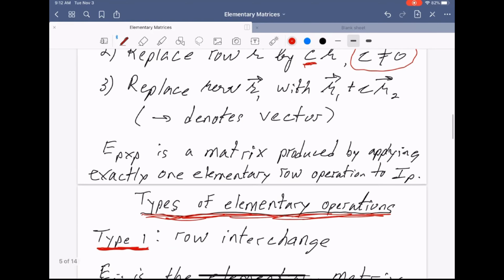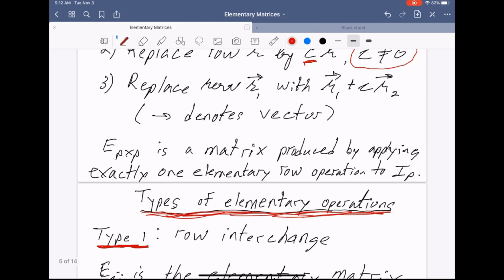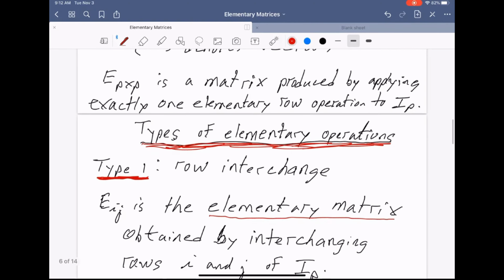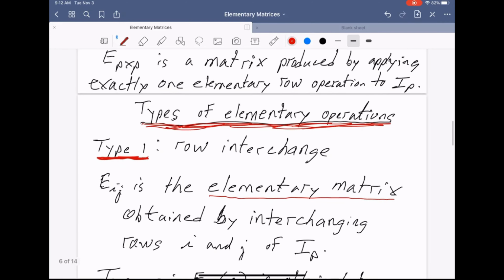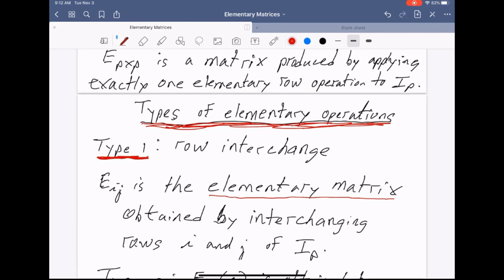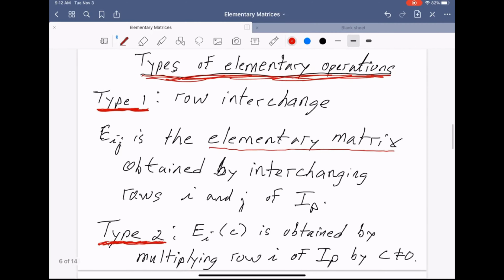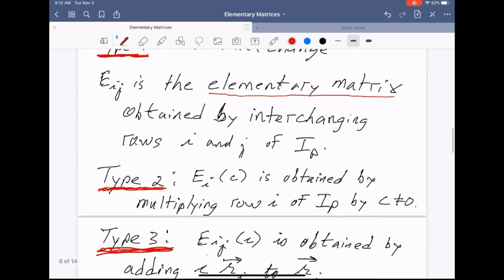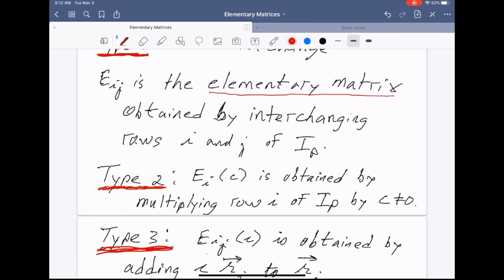So in other words, E P by P is a matrix produced by applying exactly one elementary row operation to that matrix IP. Okay, so we can think of these as a type of elementary operation. Just in reviewing, a type 1 is row interchange. So EIJ then is the elementary matrix obtained by interchanging rows I and j of the matrix IP. And we'll get back to a little bit of detail here, how that works shortly.